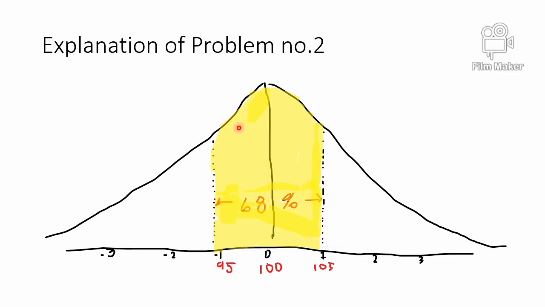So this will be the graph. If the mean is 100, you add 5, this becomes 105. And then 100 minus 5 becomes 95. So we know that the area from positive 1 to negative 1 is approximately 68%. And that is normal distribution.